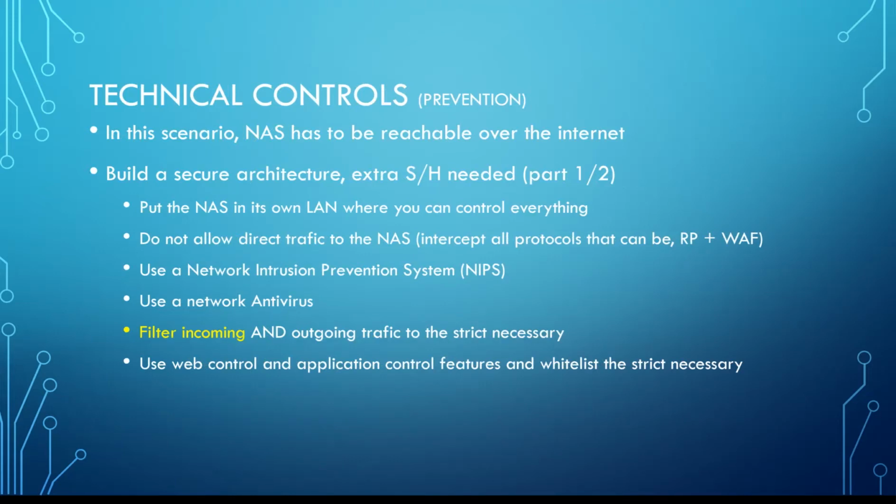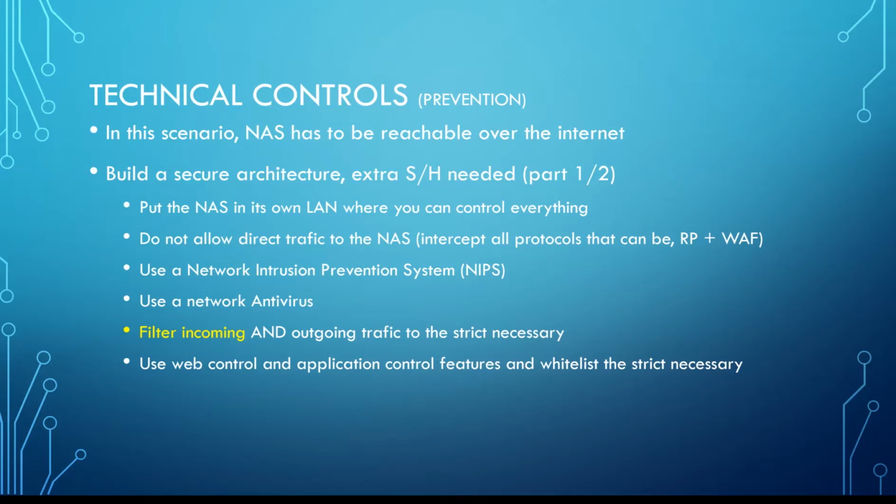Now, technical controls for the prevention. In this scenario, the Synology NAS has to be reachable over the internet. So it's not only in a LAN, it has to be reachable over the internet. The first very important thing is to build a secure architecture, and you might need some extra software and hardware.